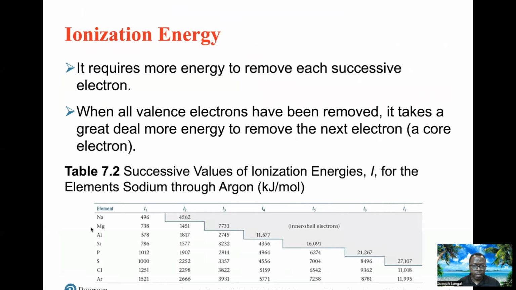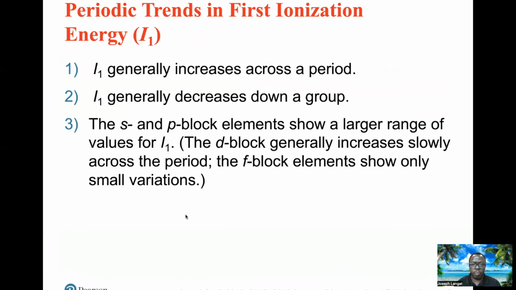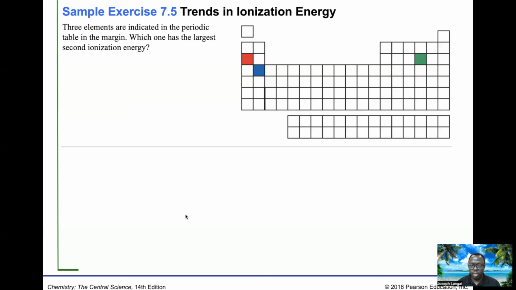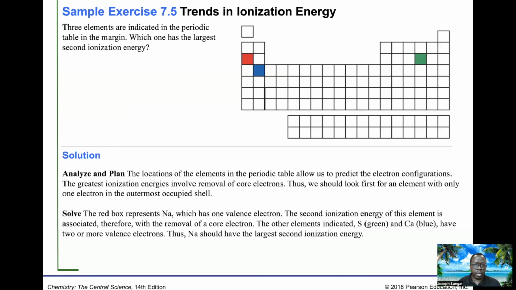If you remove the first electron, then you remove the core electron, it's going to be very difficult to remove that core electron. In this case, sodium, even though I may not be in a position to tell whether this is sodium or any other element, the fact that it is in group 1, I know they have only one valence electron, and if I remove it in the first ionization energy, the second ionization energy will be the core electron.